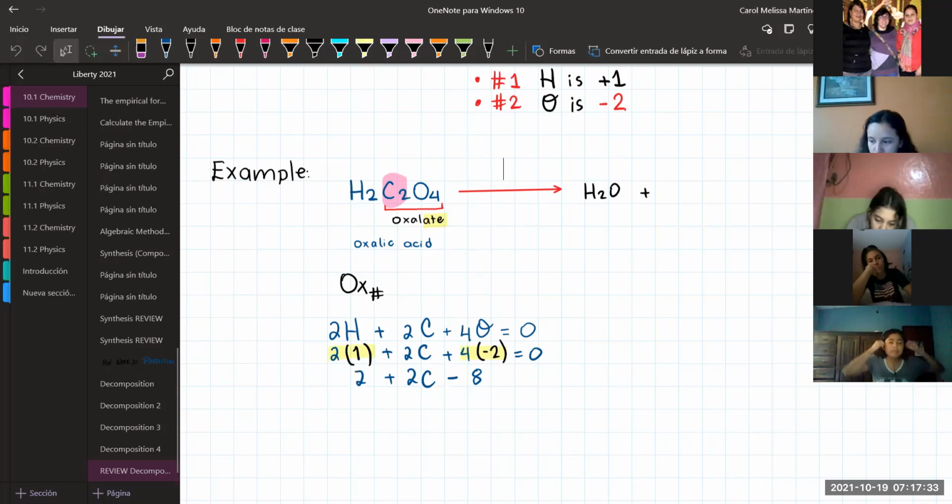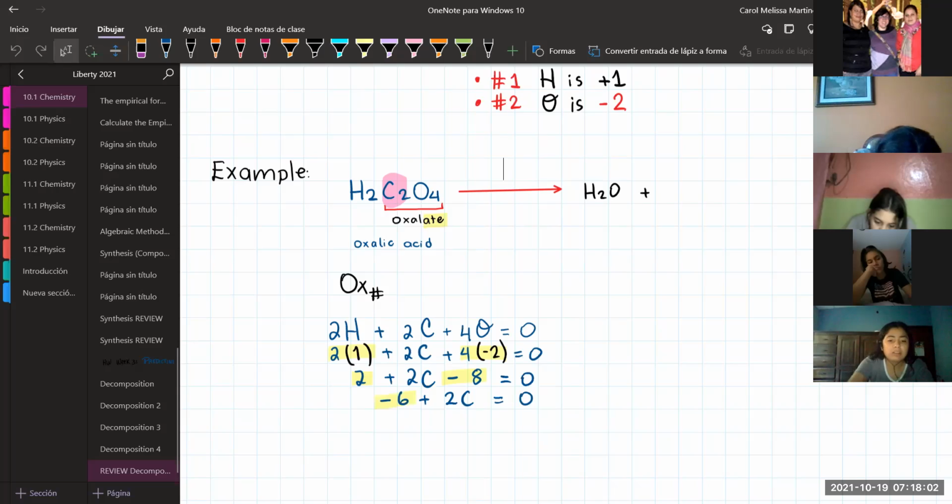Equalized to 0, then I solve the subtraction. 2 minus 8 gives me -6, so this gives me -6 plus 2C equals 0. The 6 is subtracting, so when you send it to the other side, it will be adding.